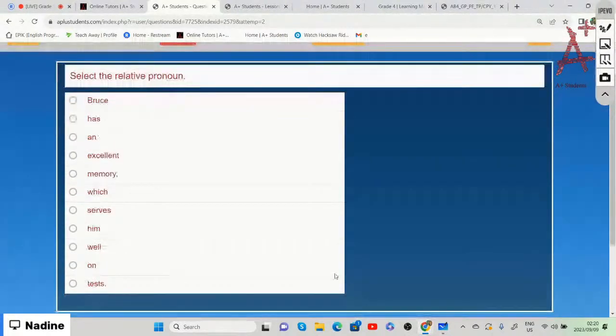We need to select one of these words as the relative pronoun. We need to choose one of those as the relative pronoun.